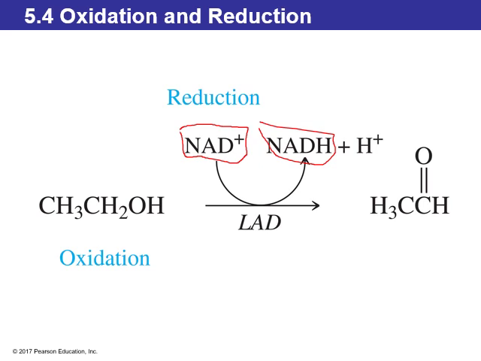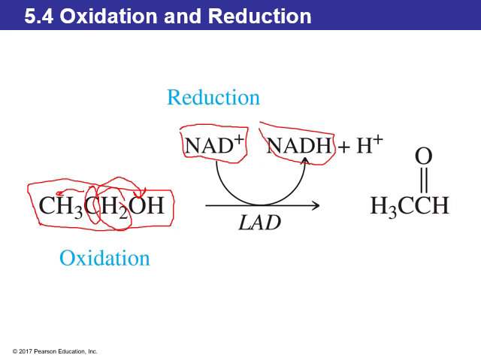So if we take a look here, we're starting out with an alcohol. This carbon has a bond to this carbon, two hydrogens, and this oxygen. I know we didn't do a whole lot of discussion on these condensed formulas, but that's how that works out.